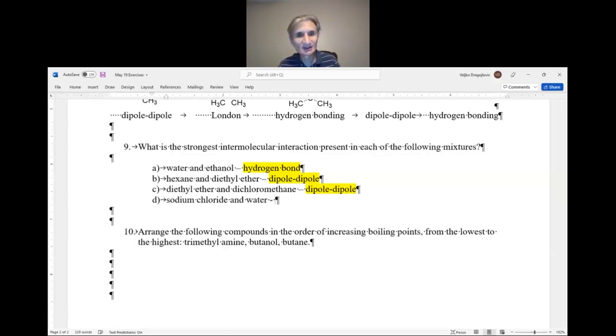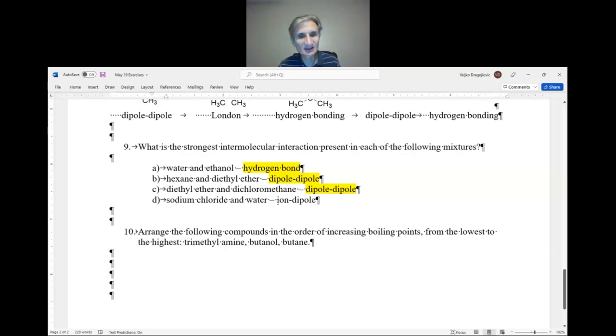And the last one, sodium chloride and water. In this case, actually, you have to know this. It's from the end of the chapter. This is an ionic compound dissolved in a polar solvent. When an ionic compound is dissolved in a polar solvent, the crystal lattice is split into individual ions. And then each individual ion interacts with the dipole of the solvent to give ion-dipole interactions.